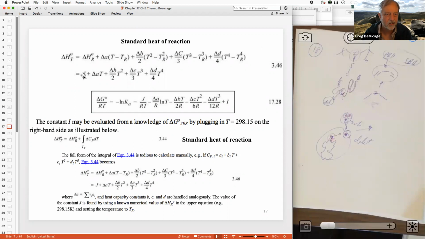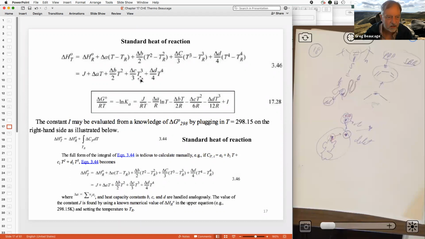You solve for the J constant from the 298 heats of formation of your components, and then the A, B, C, D for the heat capacity. Then you can solve for J, and to get G, you do the same things, except you use that delta H to get G.